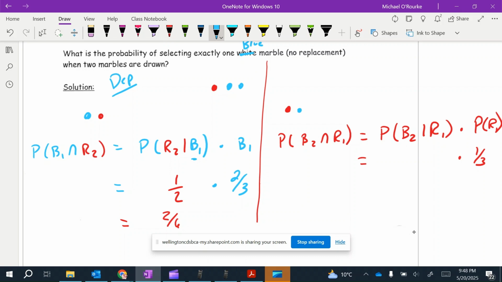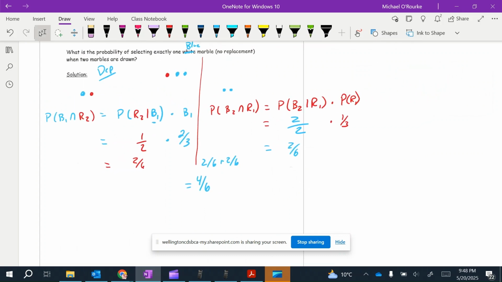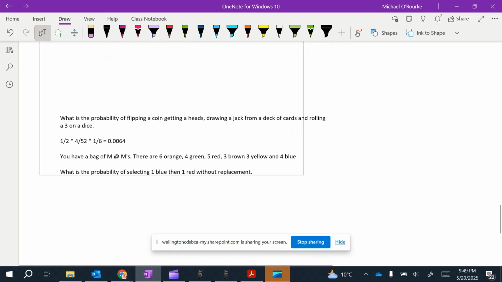Let's say we had this and we got rid of the red one first. The probability of getting a blue the second time given I got a red the first time is going to be a 2 out of 2 shot, which equals 2 over 6 again. If we add those together, we go 2 over 6 plus 2 over 6, which is 4 out of 6 chances that we would get 1 blue and 1 red. Okay?